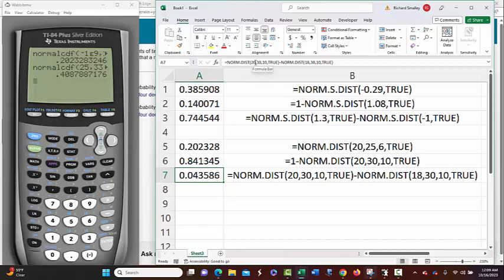It's 25 and 33, so the first one will be 33. And then 25. And then 6. And then 25, 25, and 6.